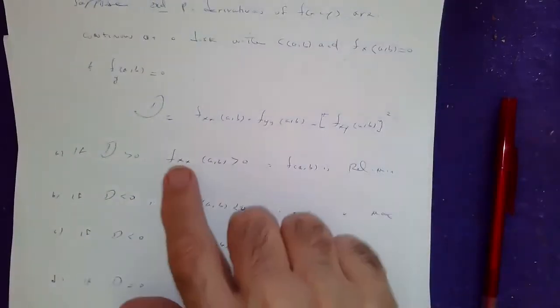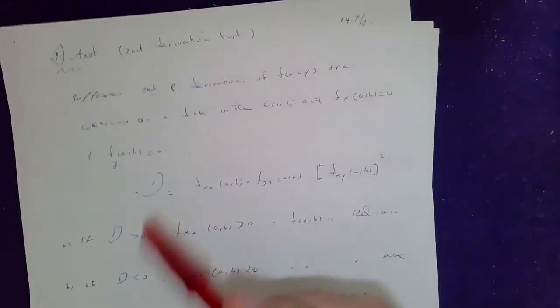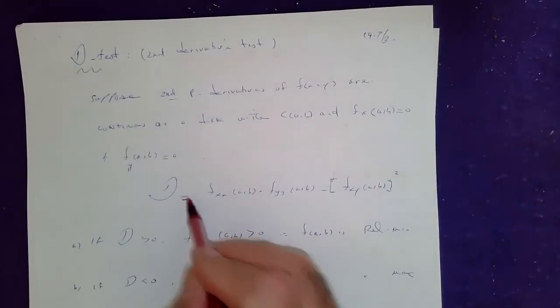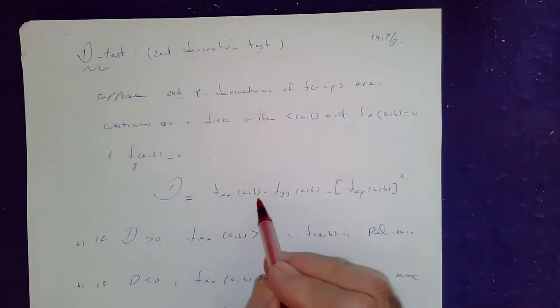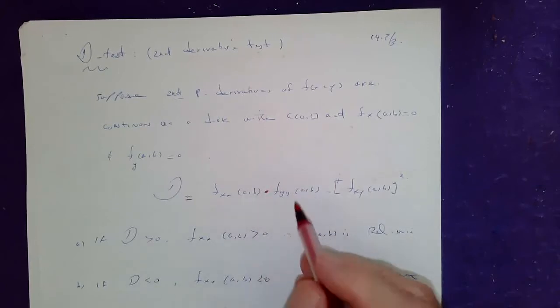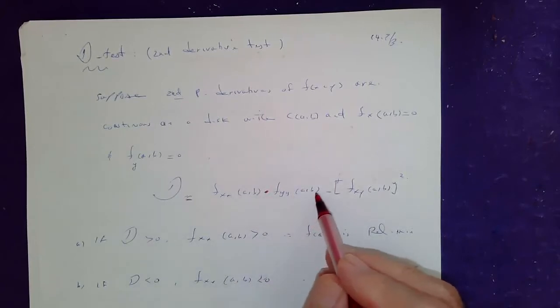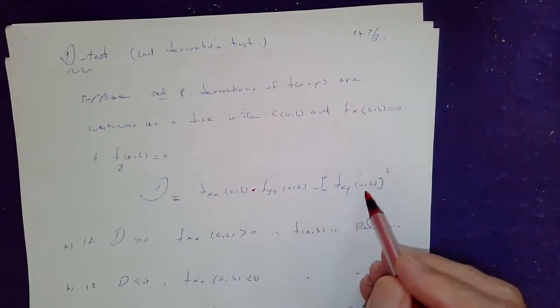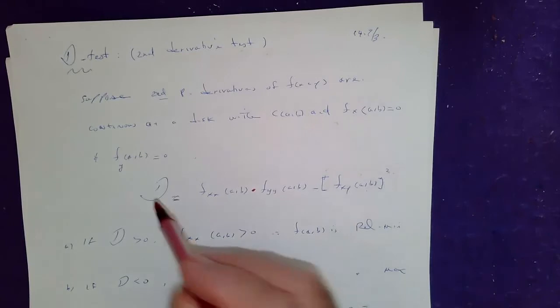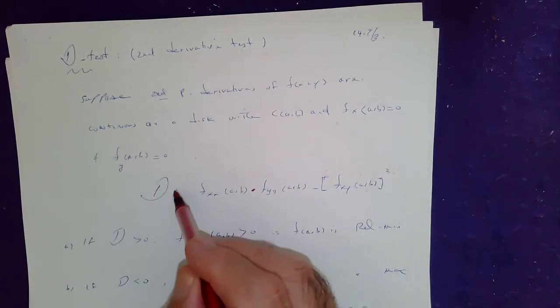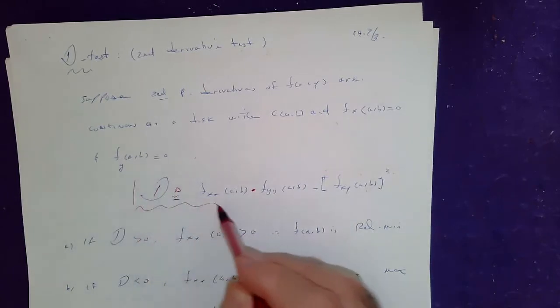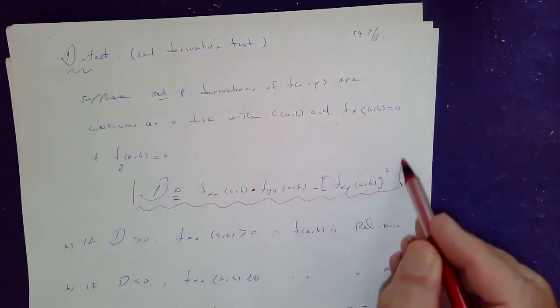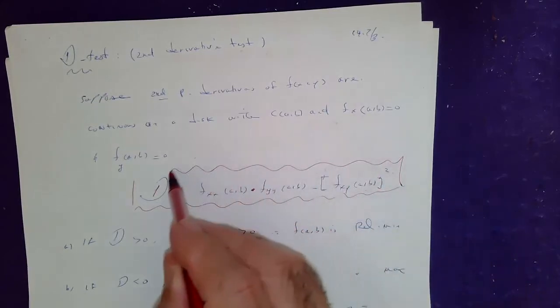So D is defined as fxx evaluated at (a, b) times fyy evaluated at (a, b) minus the mixed partial evaluated at (a, b) quantity squared. So this is the definition of what we call the D function. Do you see it?